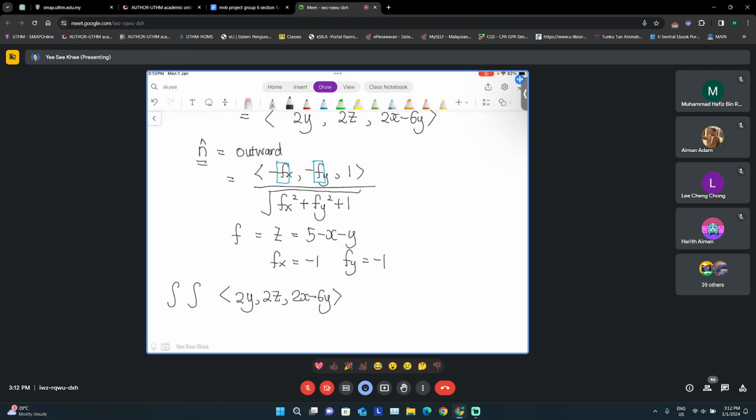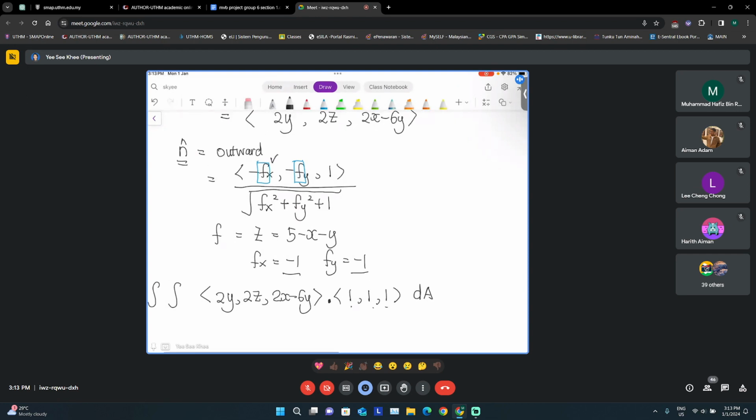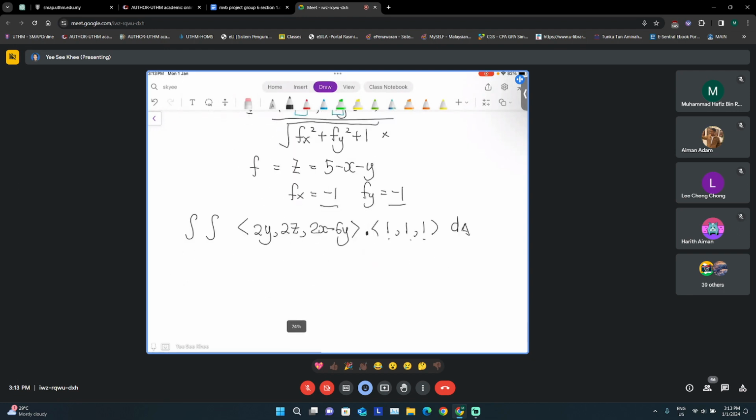Take note of the bracket. Don't use a round bracket, it has a totally different meaning. And this one is 1, 1, and 1, and then dA. The 1, 1, 1 comes from here. When you replace it here, this thing will be cancelled out, so I don't write it.